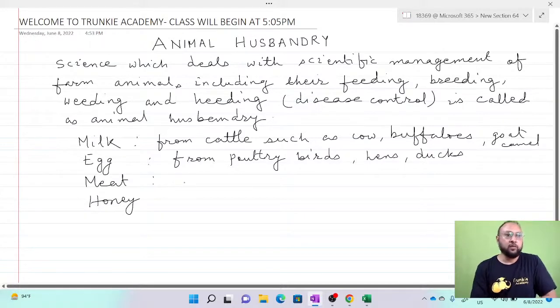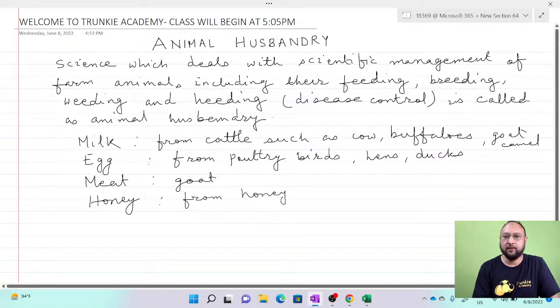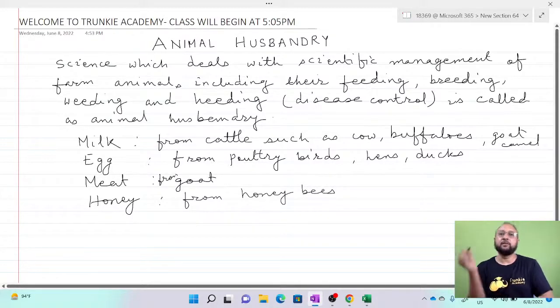Meat we get from the goat. Then honey we get from the honeybees. So these are the food products that we get from the different animals.